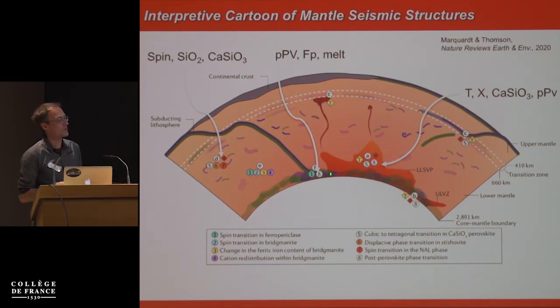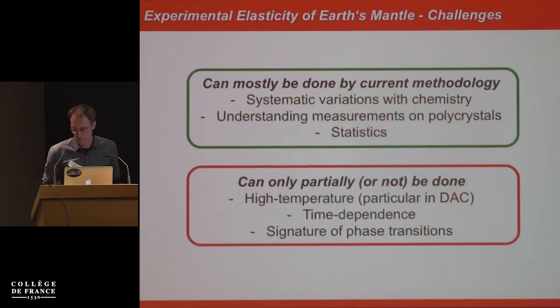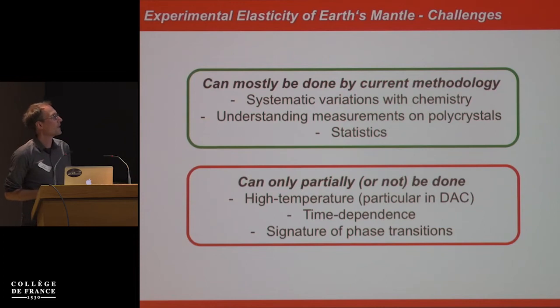The double prime anisotropy here has been assigned to post-perovskite alignment, ferropericlase alignment, or the alignment of melt in a shape-preferred fashion, where you have these melt pockets aligned. And the same for the origin of large low velocity provinces, can be temperature, composition, cubic calcium silicate perovskite, post-perovskite, and there are probably more, right? So we just don't have enough information to really unravel causes.